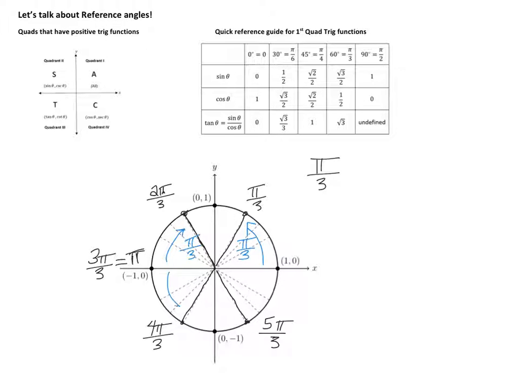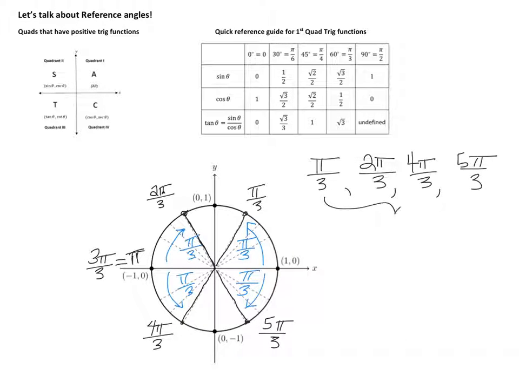So 4 pi over 3, that's pi over 3. And same thing for our fourth quadrant, pi over 3. So the 4 angles we've talked about are pi over 3, 2 pi over 3, 4 pi over 3, and 5 pi over 3.